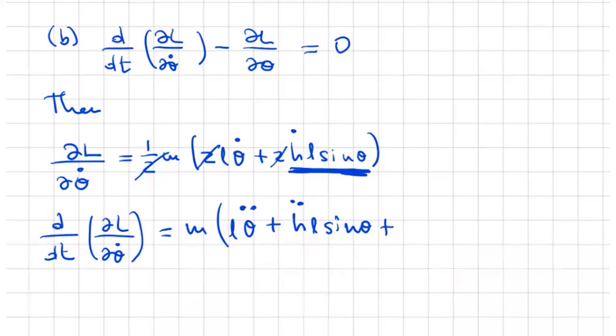the product rule, right? Do you remember the product rule for derivatives? Yeah, that's what I'm doing. So this is going to be h dot, now I'm derivating sine of theta L, but the derivative with respect to the time of sine of theta is theta dot cosine of theta.